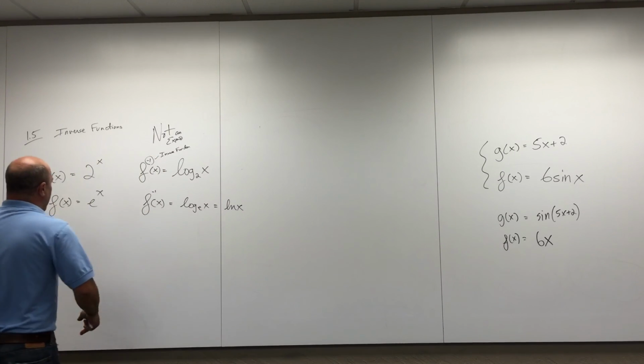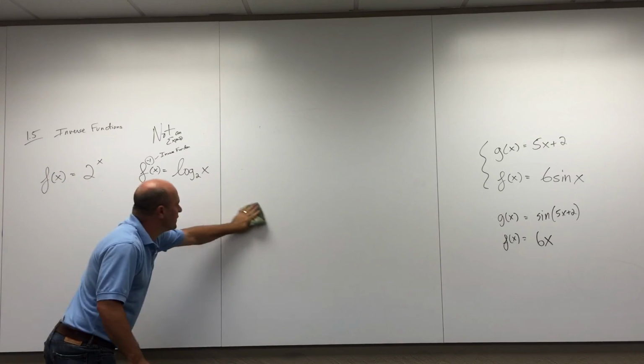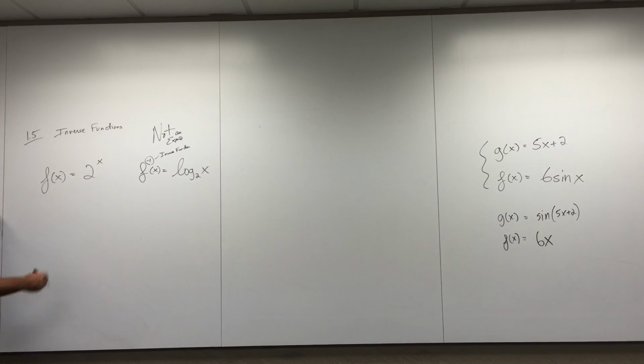Look at this. I'm going to keep talking here a second. I'm going to get rid of this one. Let's plot a couple points here. Please plug in a 0. 1. Good. 2 to the 0. Anything to the 0 is a 1. Plug in a 1.